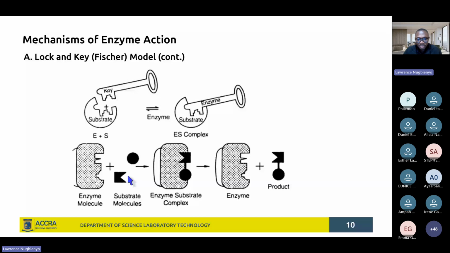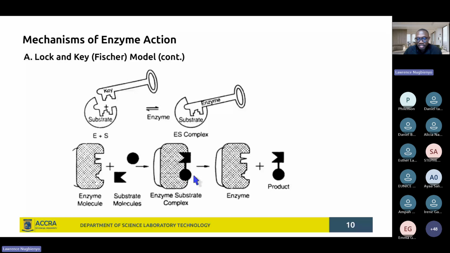And once these substrate molecules get bound onto the enzyme to get an enzyme substrate complex, then a reaction occurs between the substrates that are bound in that active site of the enzyme, because the enzyme is only catalyzing the reaction between these substrates.